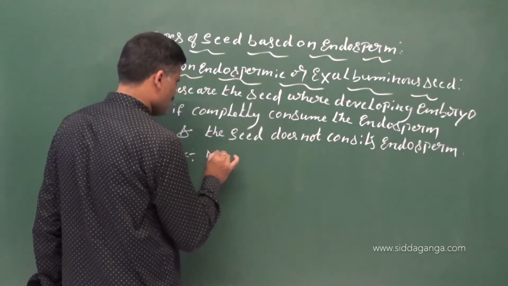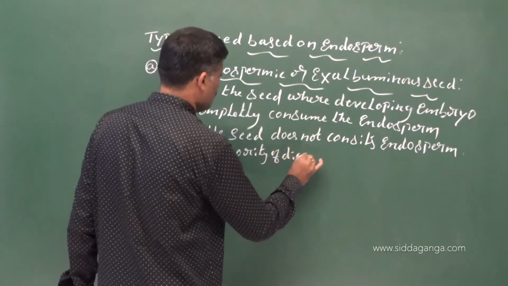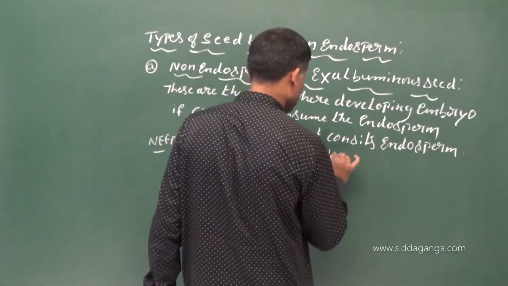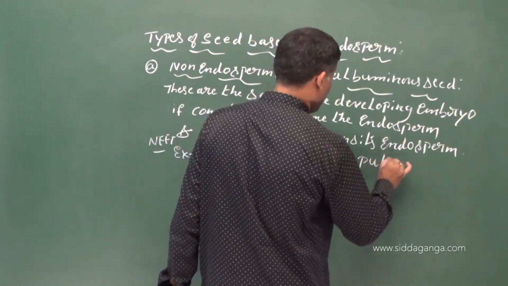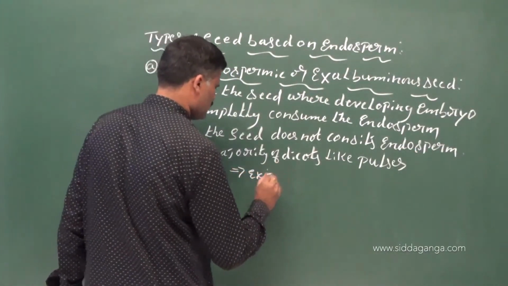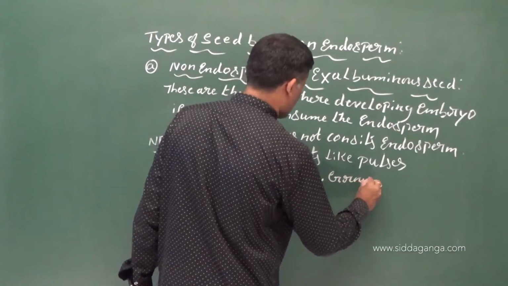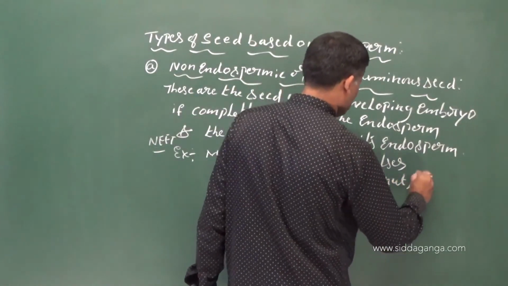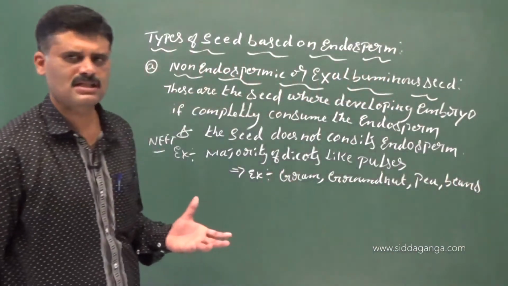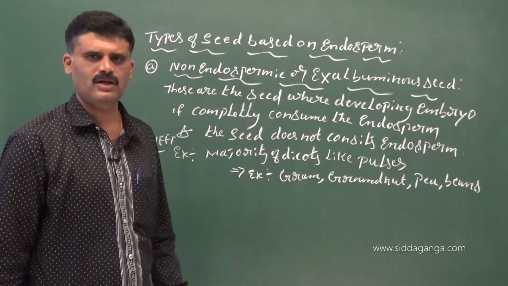Example, majority of dicots are non-endospermic seeds, like pulses. Example, gram, groundnut, pea, beans.